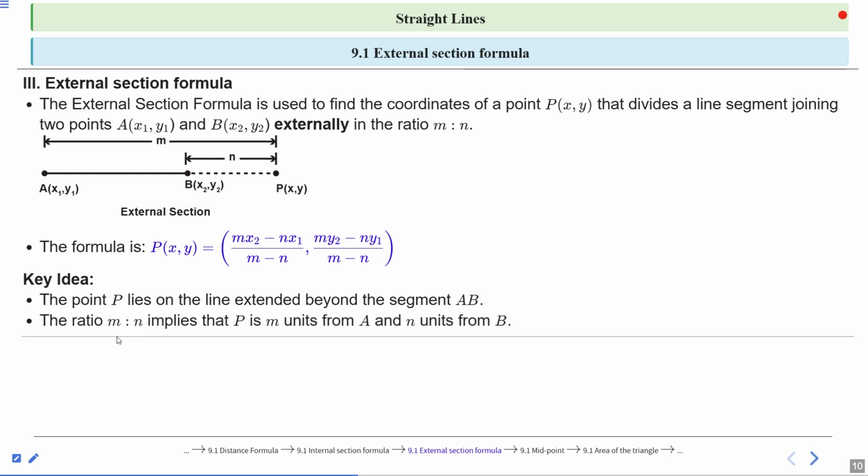The ratio m is to n implies that P is m units from A and n units from B. Okay, that means the distance A to P is m units, and B to P is n units. So the ratio m is to n implies that P is m units from A and n units from B. Clear?